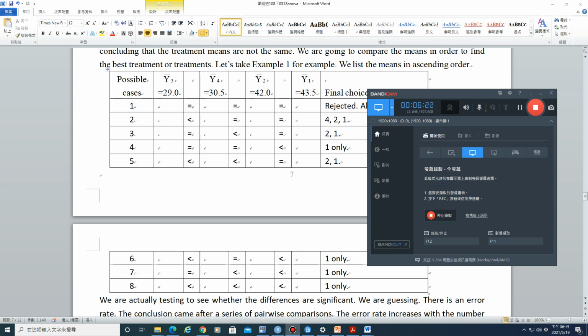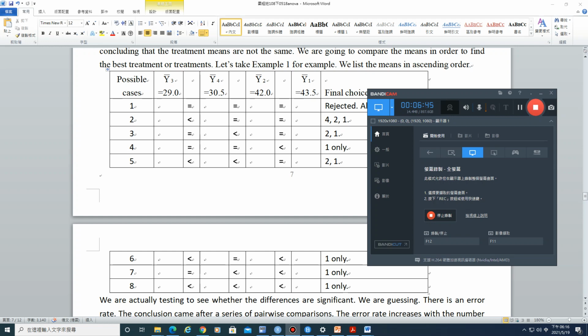And ordinarily, without further mention, we use alpha equals 0.05. So the result is subject to an error rate of 0.05, right? And the same thing when we compare these two, and the same thing when we compare these two.